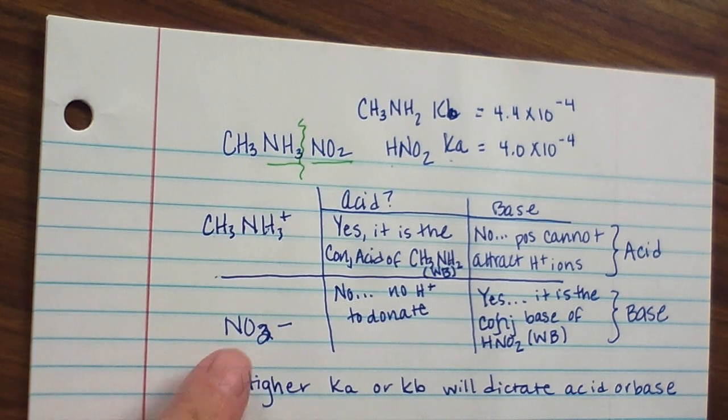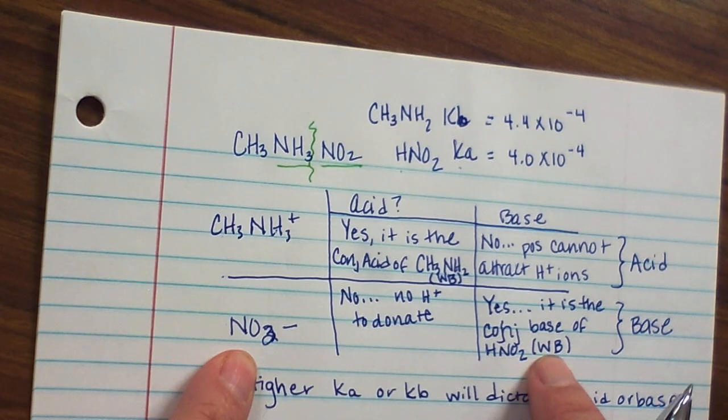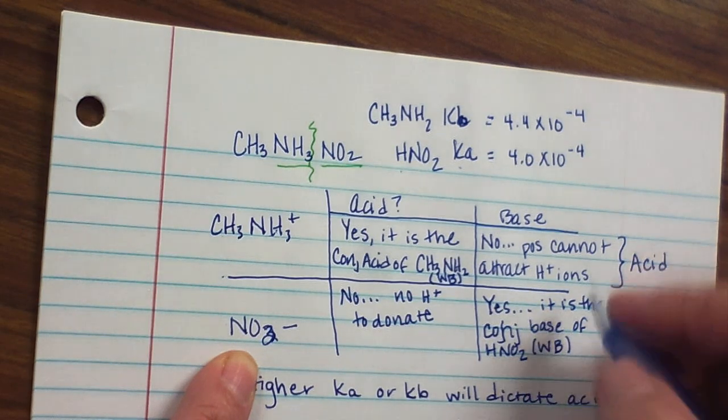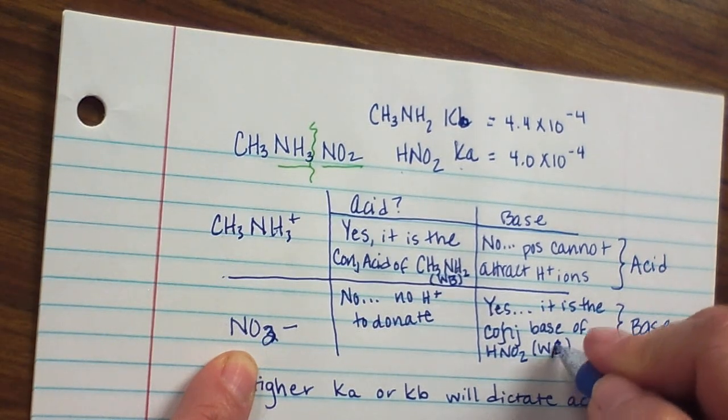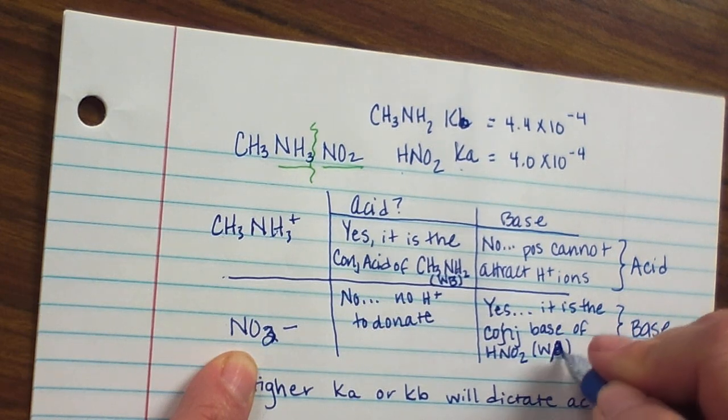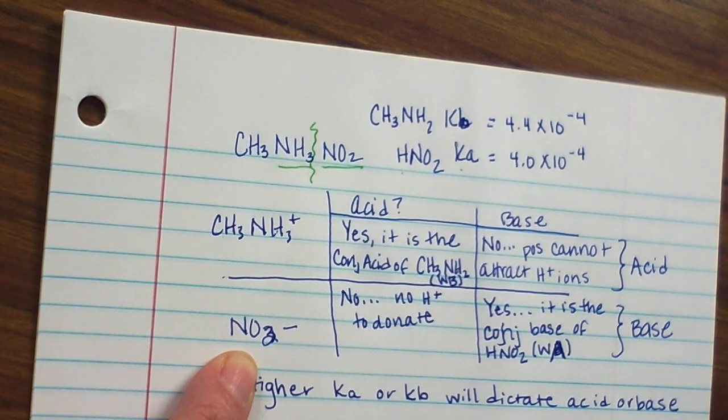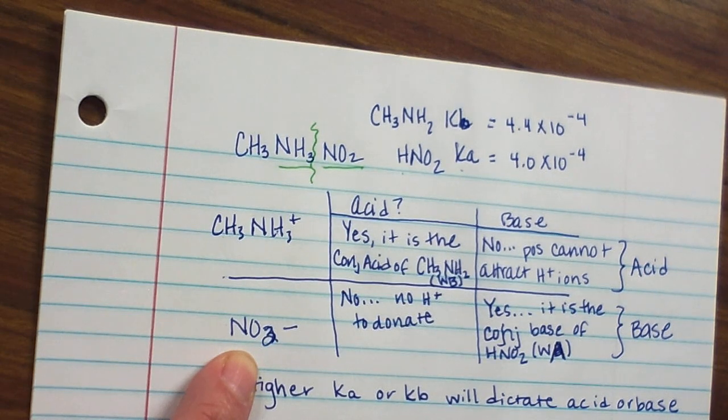Yes, it's a weak base, the conjugate base of a weak acid. This is not HNO3, it's HNO2. I even have weak base in my notes, so I didn't have it wrong in my notes.